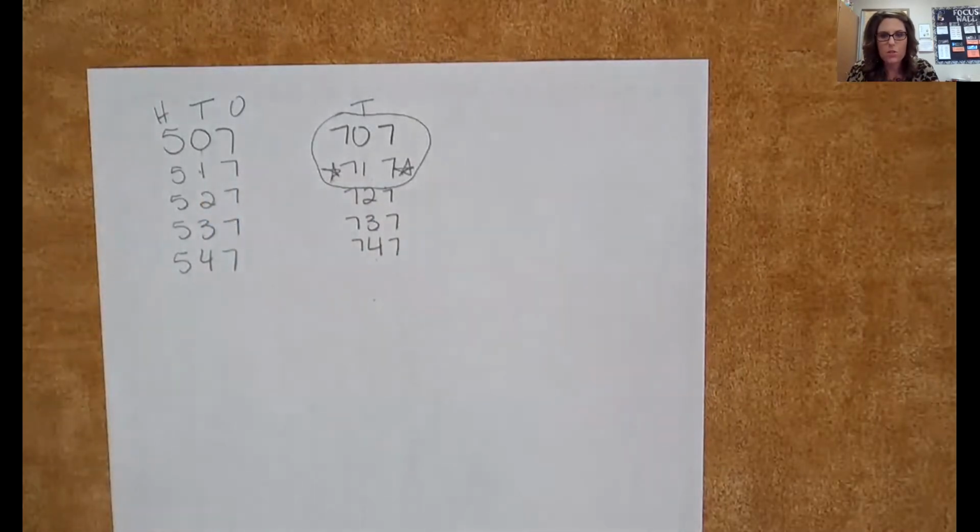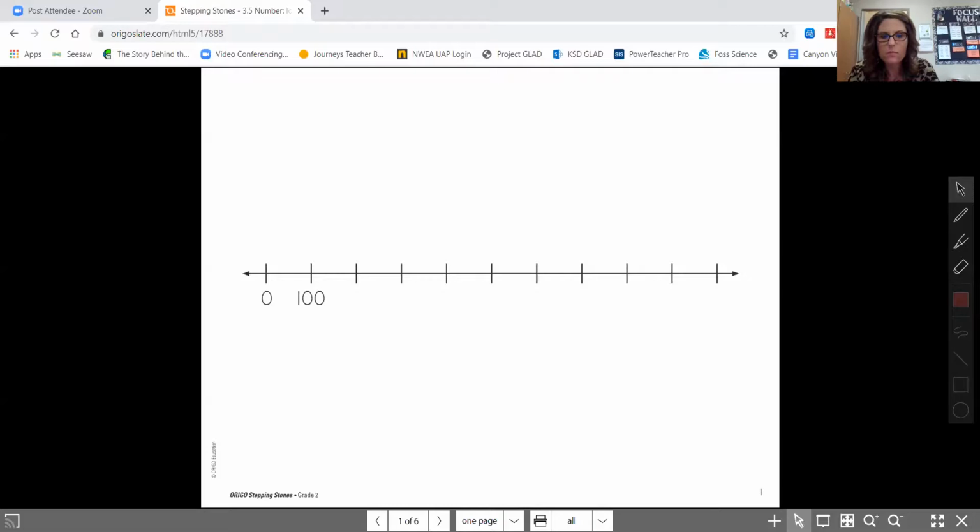Okay, I am going to share a new screen with you. And what I see here is a number line. And on this number line, it starts at 0 down here, and then we have 100. We have all these blank marks. What do you think is going to go on all of these? If this starts at 0 and we go 100, we should probably go 200, 300, 400, 500, 600, 700, 800, 900, and 1,000.